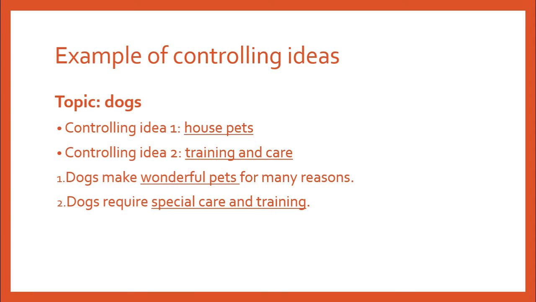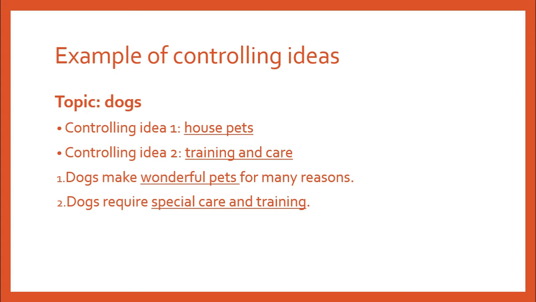If the controlling idea is training and care, and again on the topic of dogs, then we might write a topic sentence something like, dogs require special training and care. Special care and training.